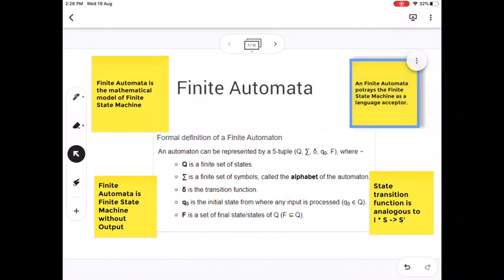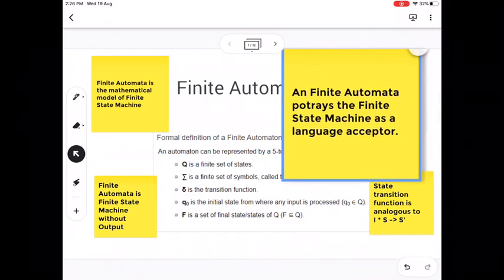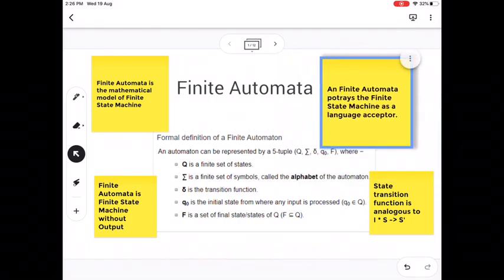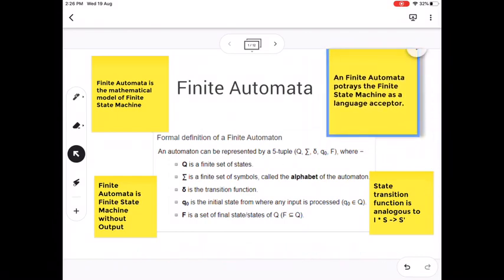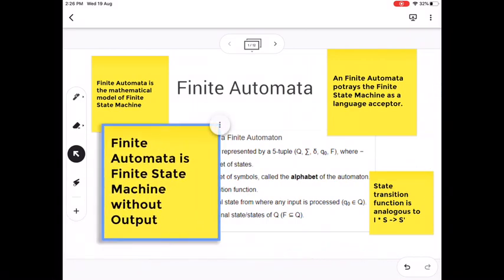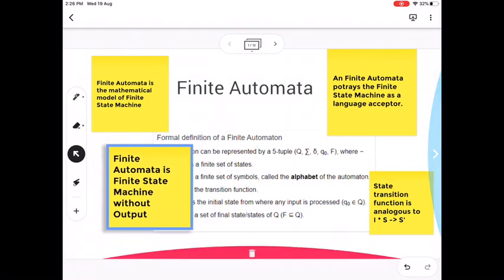Then, finite automata portrays the finite state machine as language acceptors. So, what this means you will understand when we come to an example. Finite automata is finite state machine without output.